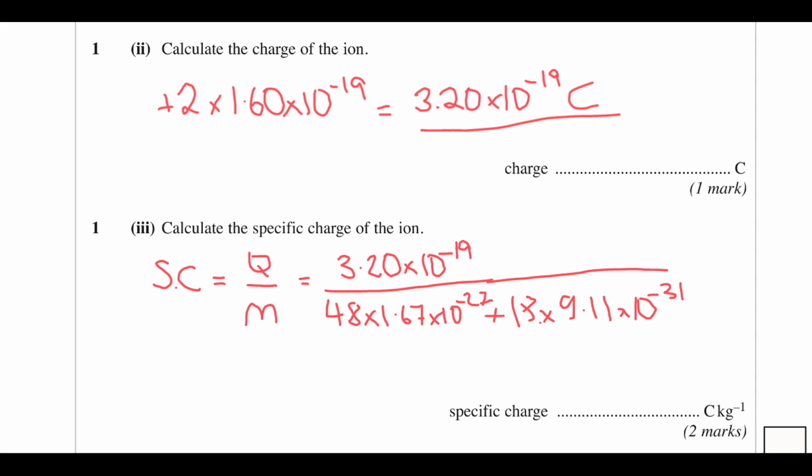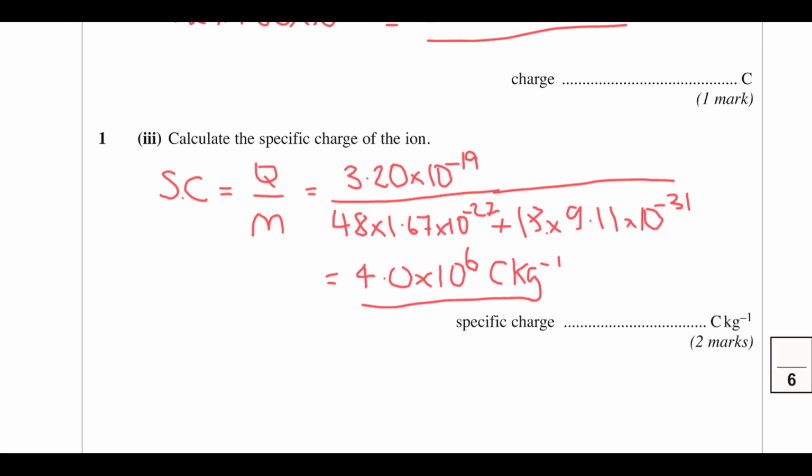And when we calculate this value, it ends up being 4.0 times 10 to the 6 coulombs per kilogram. And that's your final answer. That's the specific charge. Okay, so that finishes question 1. Nice and straightforward to start off with.